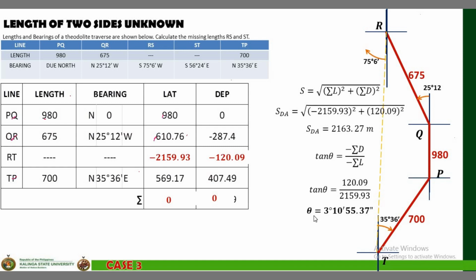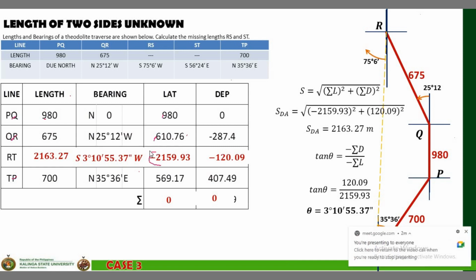To get the bearing, 120.09 divided by 2,159.93, giving 3 degrees 10 minutes 55.37 seconds. Now, for a bearing we need a direction. Since the latitude of RT is negative, it is south. The departure is negative, so it is west. Okay? So that is the length and bearing of RT.